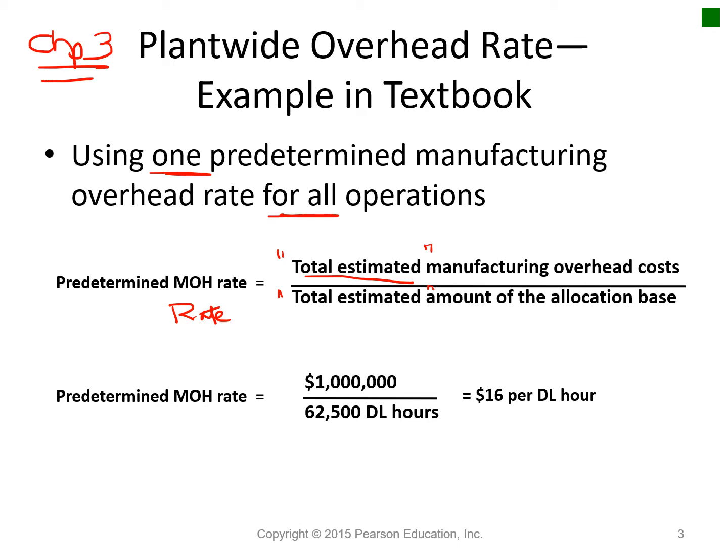Here's an example where they had $1 million of overhead. Their base was direct labor hours. So they divided it by the direct labor hours, and they got a rate that was $16 per direct labor hour. That's your rate. And then once you get that, you'll allocate it by multiplying it by the activity. Of course, that activity will be direct labor hours.